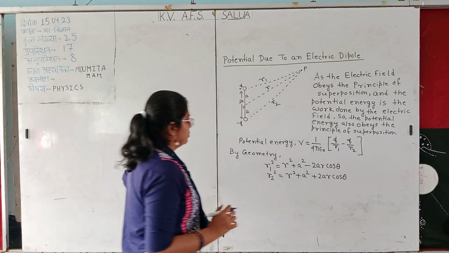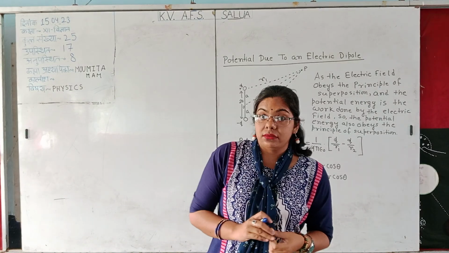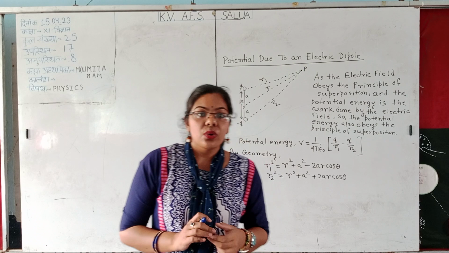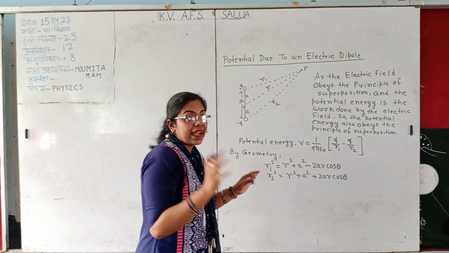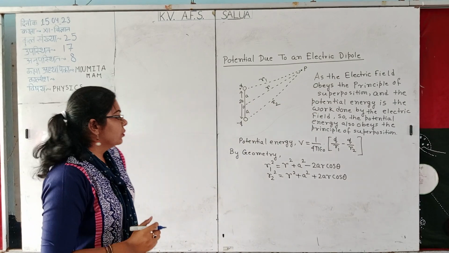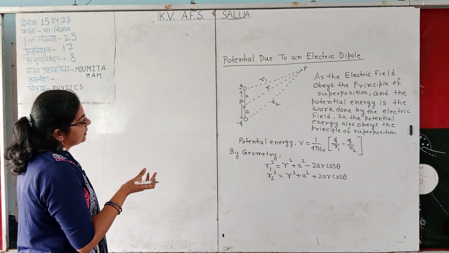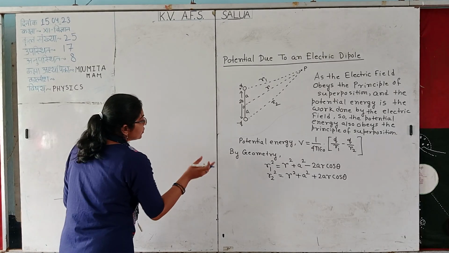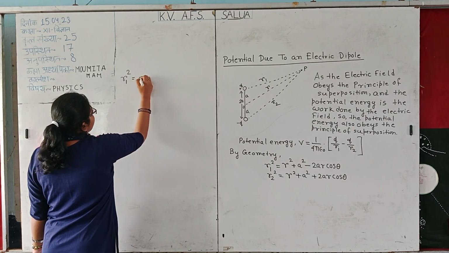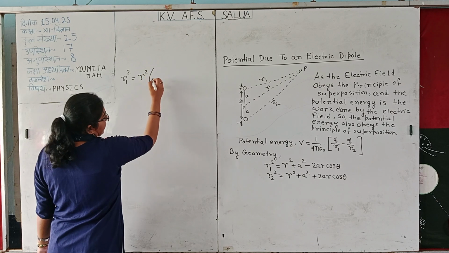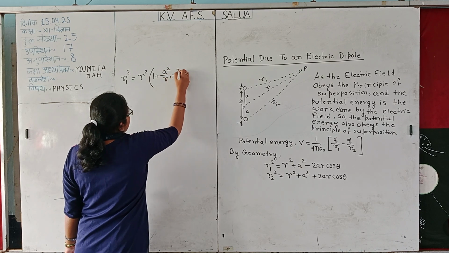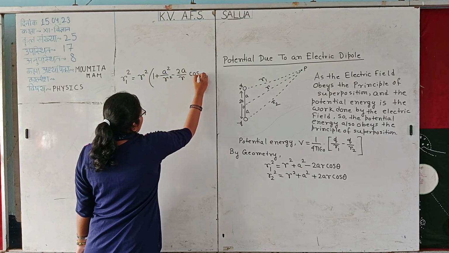Now, in class 11 you have already studied the binomial theorem. Now let us calculate the actual values of r1 and r2 by using the binomial theorem. So r1 square equals r square, taking it common, into 1 plus a square by r square minus twice a by r cos theta.